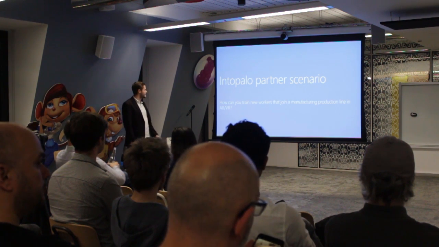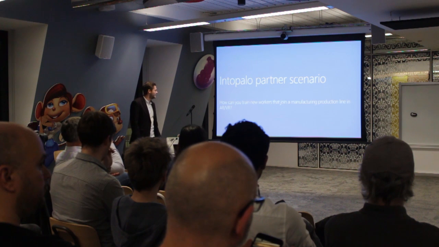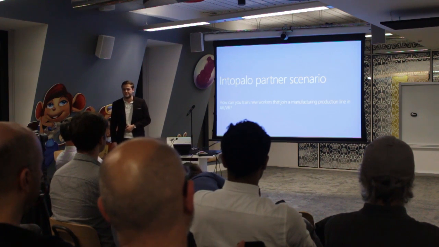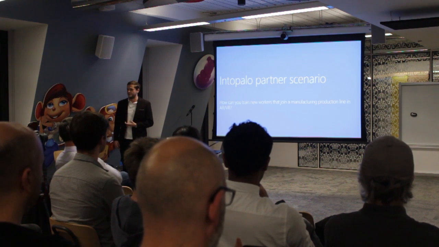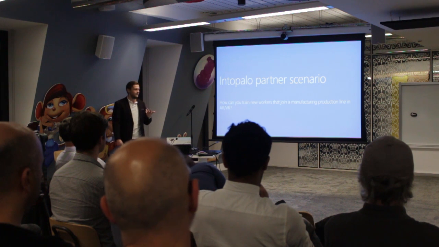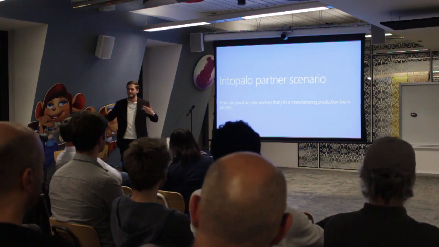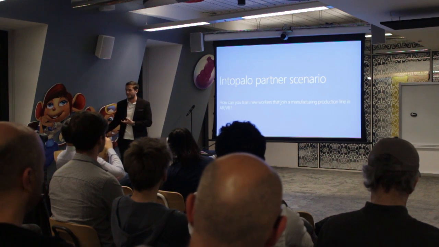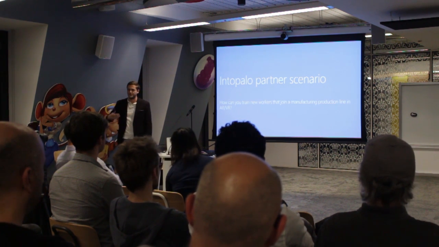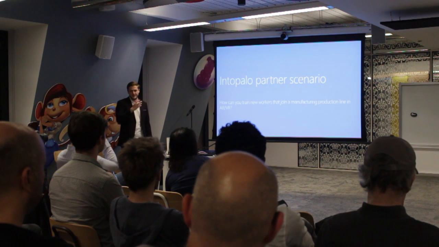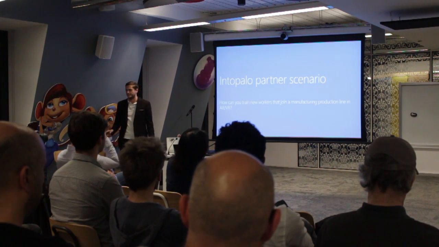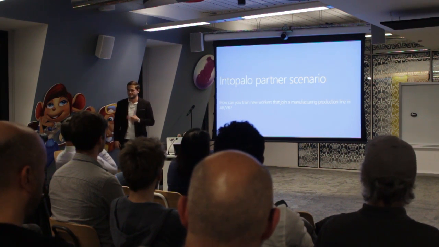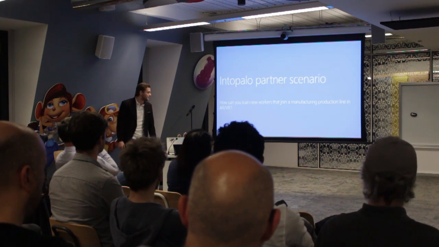But they are, because what they were thinking is how can they train new workers that enter their production line? They wanted to use AR and VR for them to be able to see the production line, get hands-on training with how they should assemble the engine or certain parts, and then get going. If you put them straight on a production line, if they make a mistake, that costs them thousands of dollars, even more than that. So obviously they want to get rid of that as soon as possible.